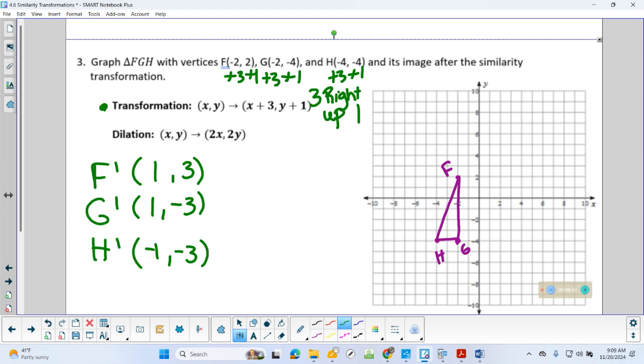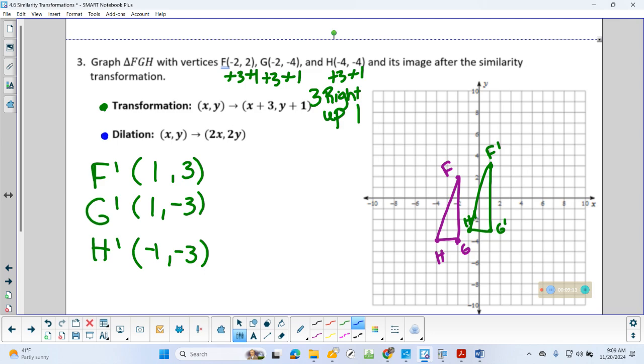Plot the points, draw it, or just move each vertex right 3, up 1. And that is where F prime is. Okay, I'm going to do H, right 3, up 1. And then G, right 3, up 1. Now, normally I wouldn't have bothered writing the coordinates. I would just do right 3, up 1.